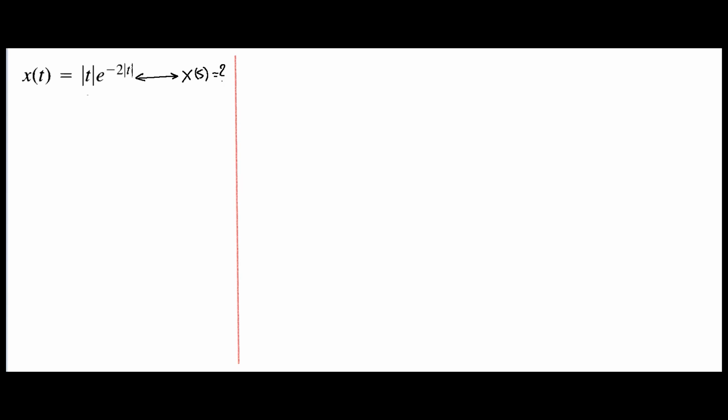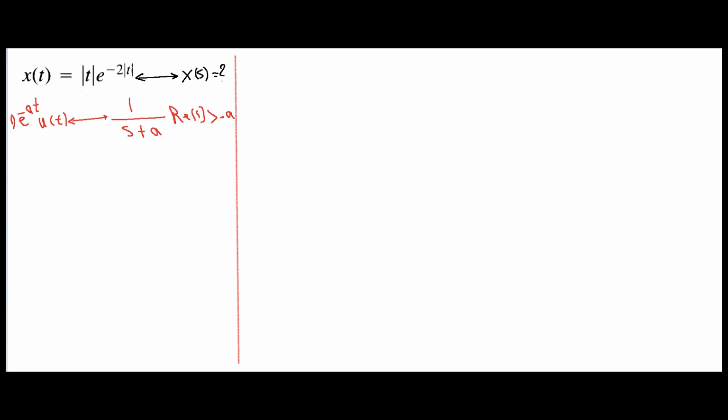Before solving the problem, let's quickly review a few important properties. The Laplace transform of e to the power of minus at u(t) is 1 divided by s plus a, with the region of convergence, real part of s greater than minus a.